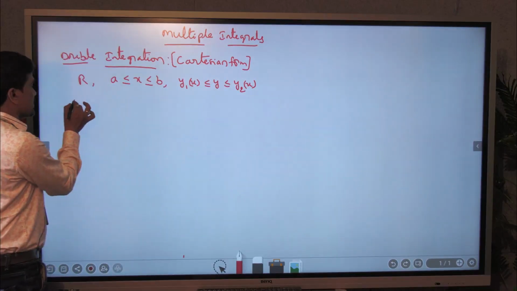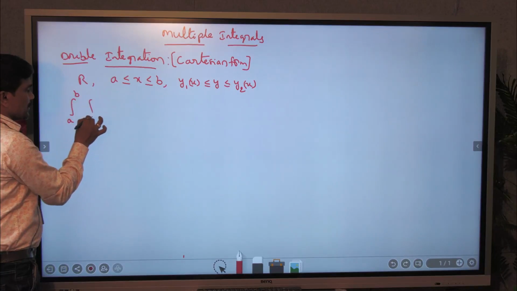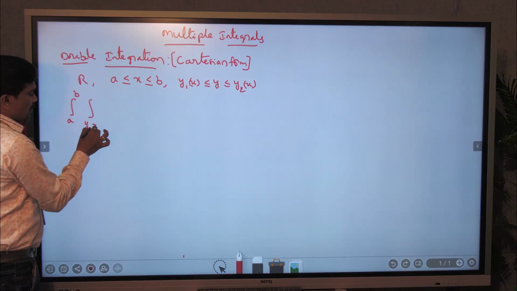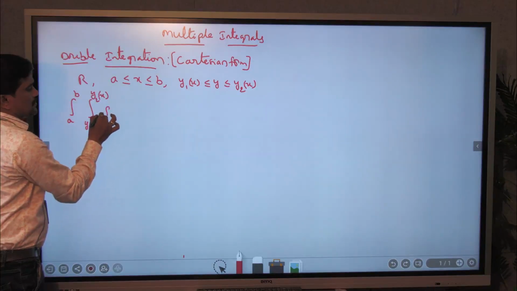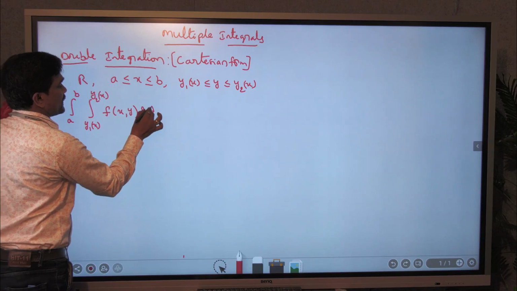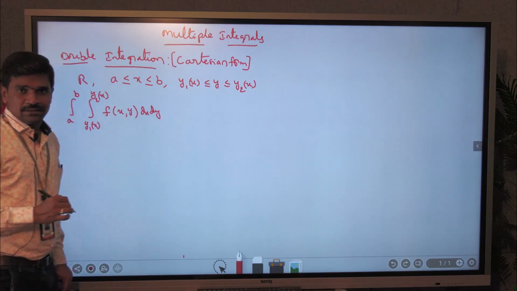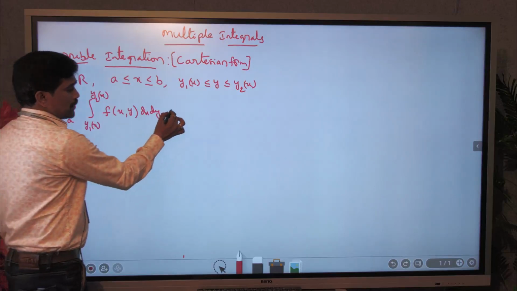In that case, the integral from a to b, with y from y1 of x to y2 of x, suppose the function is f of x comma y, dy dx. This is the integral value. Now how to integrate this function by double integration?